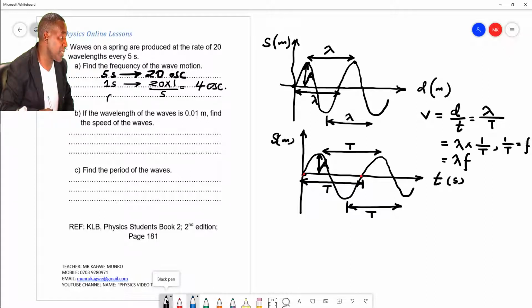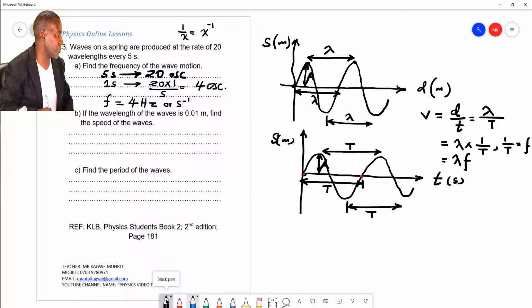The frequency is the number of oscillations made in 1 second, so it follows that the frequency is 4. What are the units of frequency? Hertz, or per second, or seconds raised to minus 1. Any number, for example, if I say 1 over x, it can be expressed as x raised to minus 1. That is what this means.